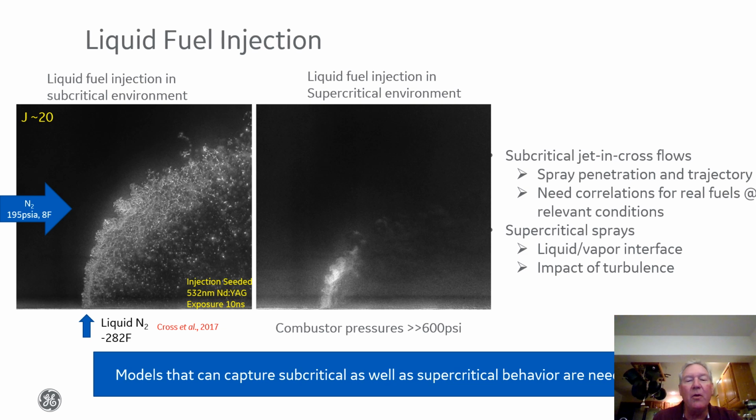There's nowhere near the apparent penetration of the jet when it's at a supercritical condition. So the trajectory and the mixing in these two extreme cases are very different, and it's important for us to understand how to represent this behavior in our models.